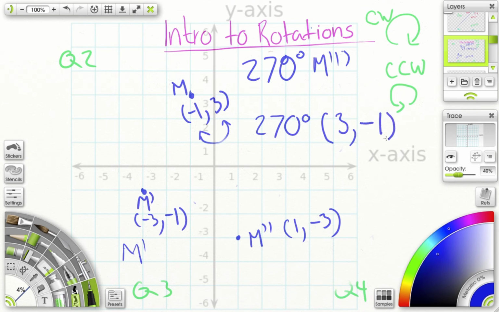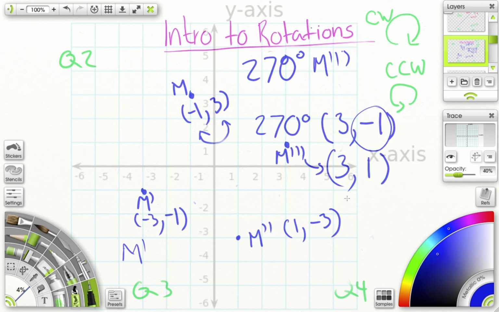However, instead of my first digit becoming the opposite, my second digit becomes the opposite. So 3 stays the same. Now it becomes +1 instead of negative. So it's 3, 1 is my M prime prime prime, which is this coordinate right here.